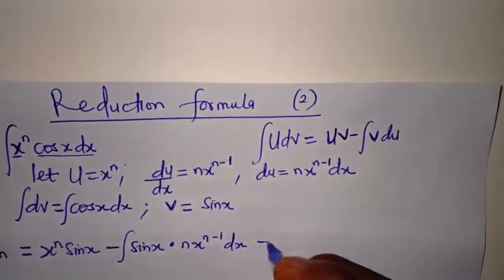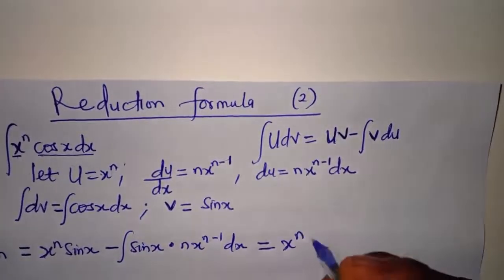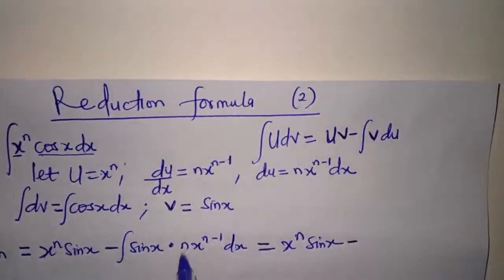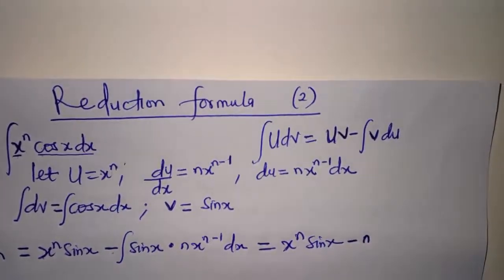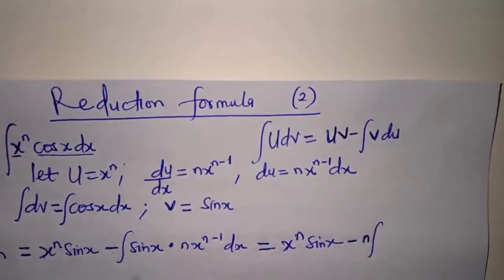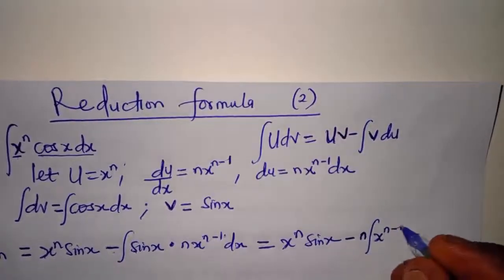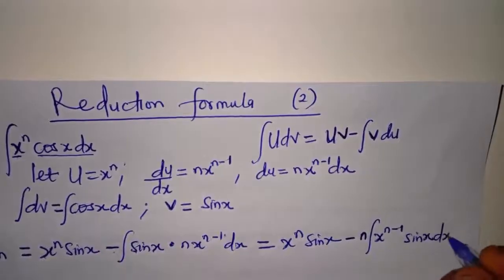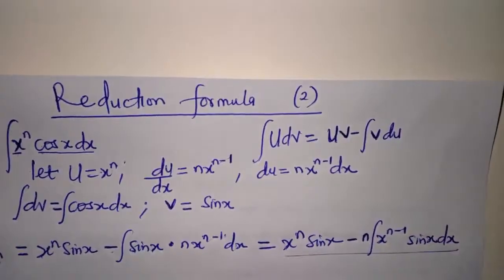Alright, this is the same thing as saying x to the n sine x minus n, which can come out because it's a constant in this case, since we are integrating with respect to x. Then we have the integral of x to the n minus 1 sine x dx. So this is our I sub n.